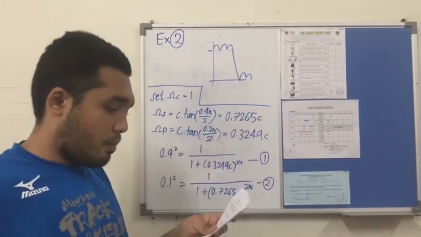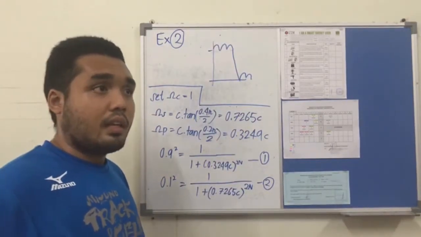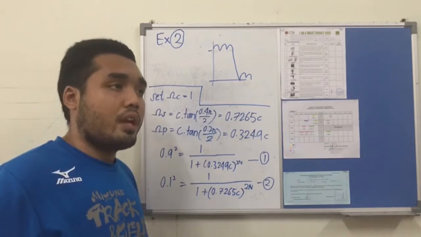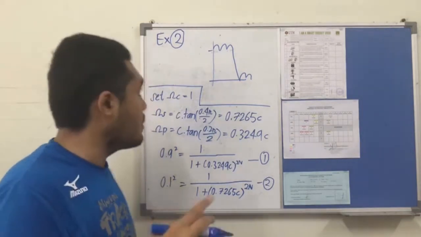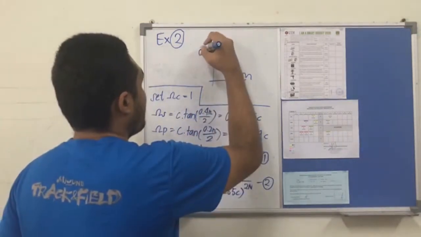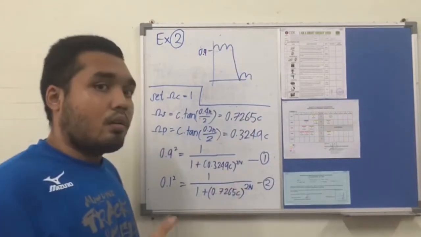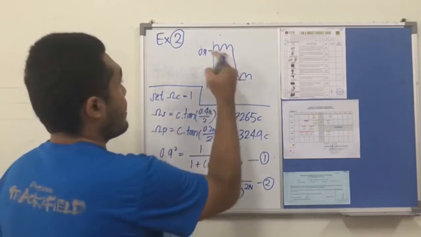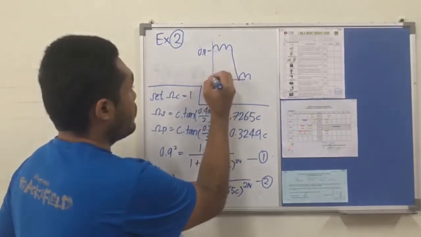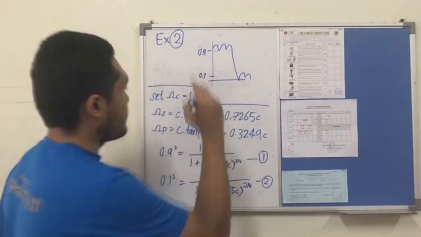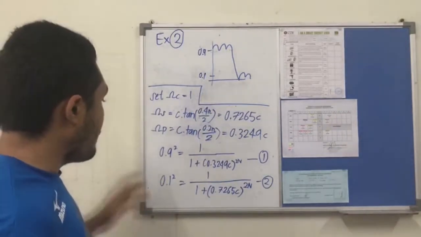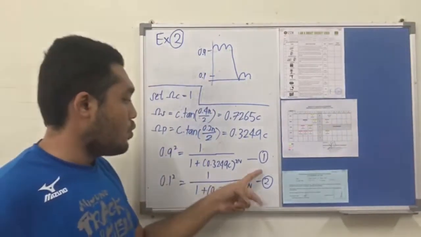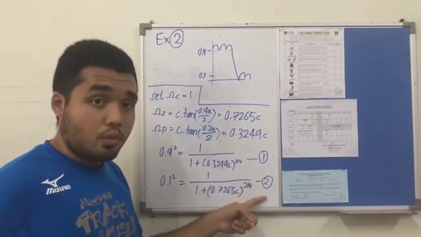For the magnitude, we cannot take a value more than 1 because 1 is the maximum. So what we do is we take 1 minus 0.1 and also 0.1. 1 is up here and the other one is down here. When we put them in an equation, we have 2 equations, equation 1 and equation 2.